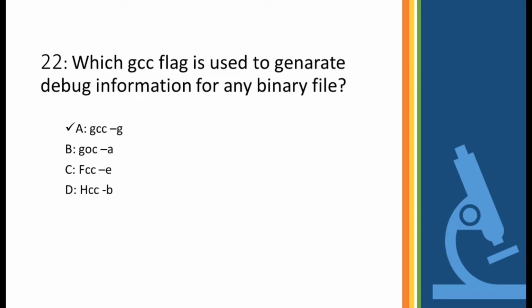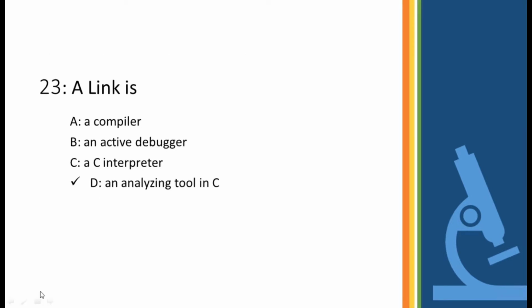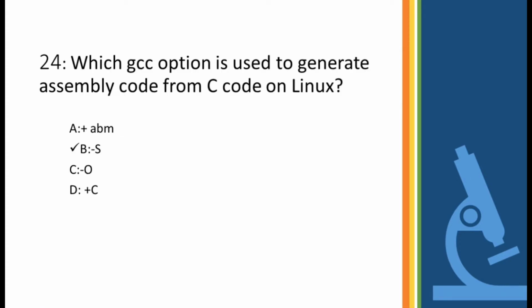The correct answer is GCC -g. Which GCC option is used to generate assembly code for C code on Linux? The correct answer is B.